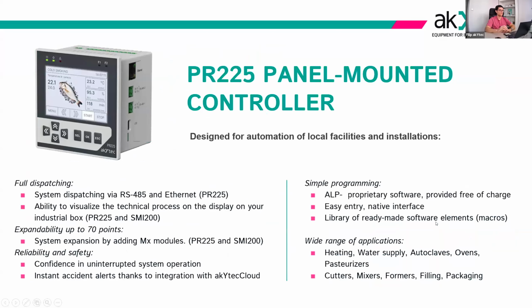The PR225 is designed for automation of local equipment, standalone or embedded systems such as heating, water supply stations, pasteurizers, cutters, filling or packaging machines, etc. We need to mention that PR225 cannot use PRM extension models, so the system is expandable up to 70 points instead of 100 points like on the PR205.